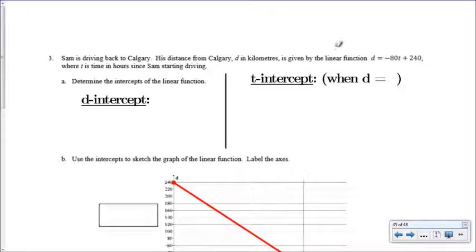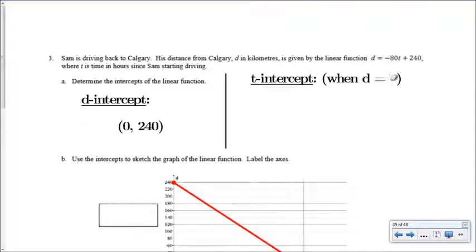Okay, so the D-intercept, or I guess the Y-intercept, so it'd be like y equals mx plus b. b is your intercept for the dependent variable. So you can just read it right off of the equation. It's (0, 240).